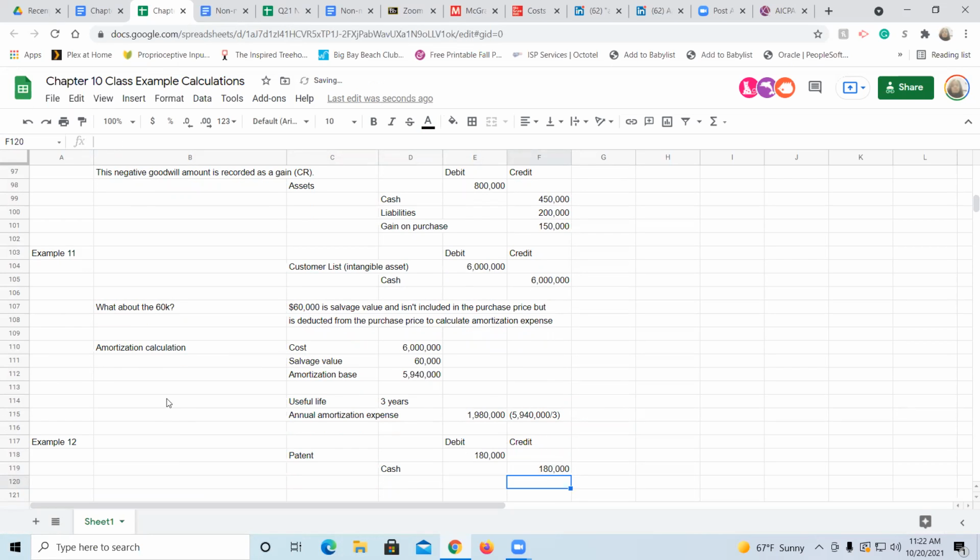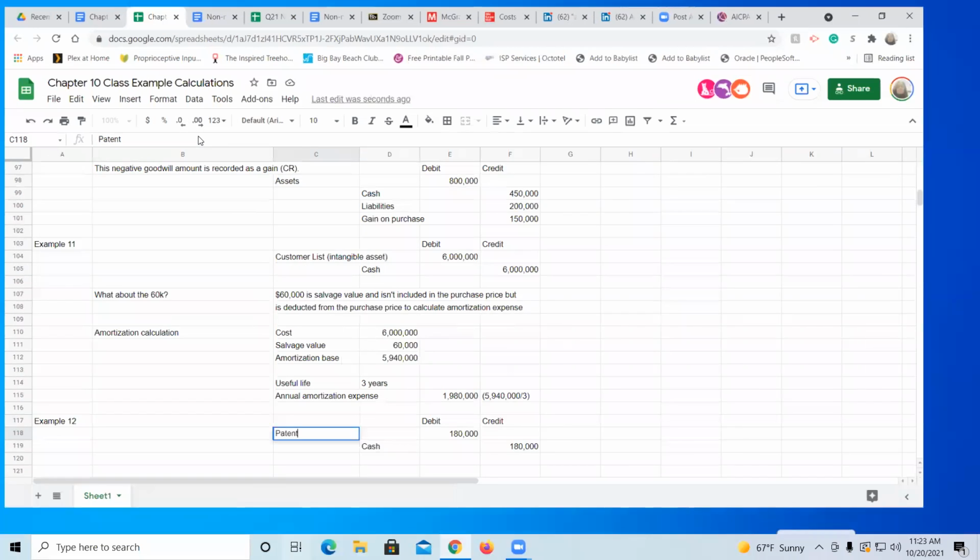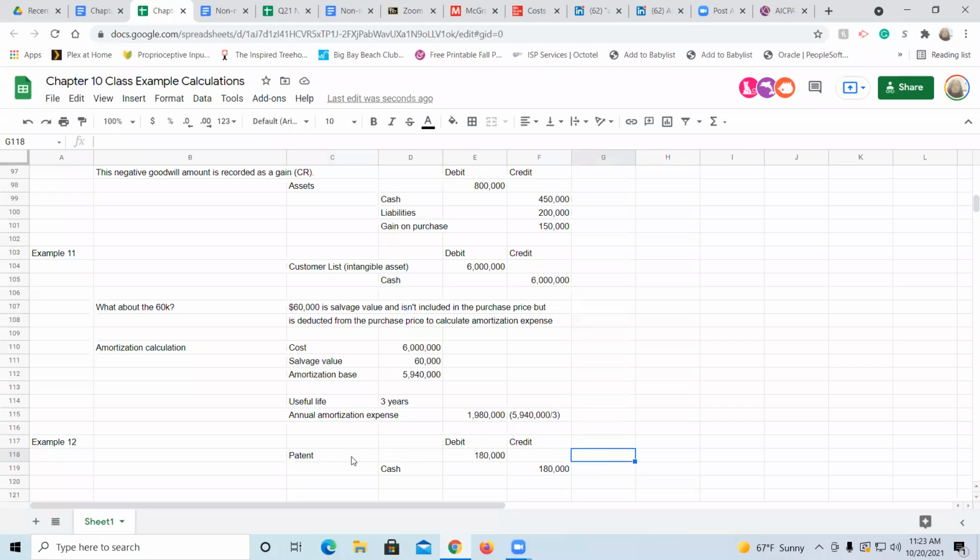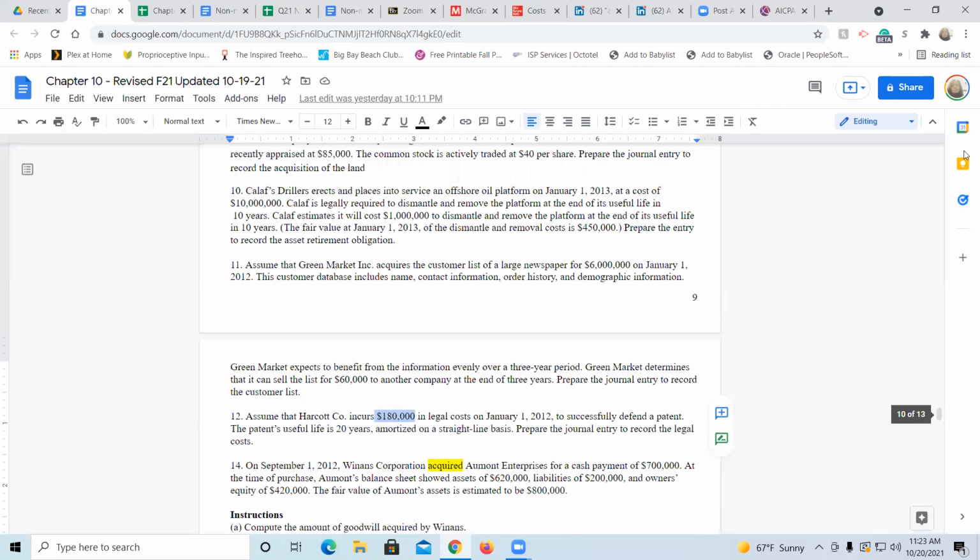All right, so patent, not legal fees. It's going to be that kind of day today, right? That's the answer for number 12. Okay. And so we move on. That kind of concludes what we had to do around intangibles.